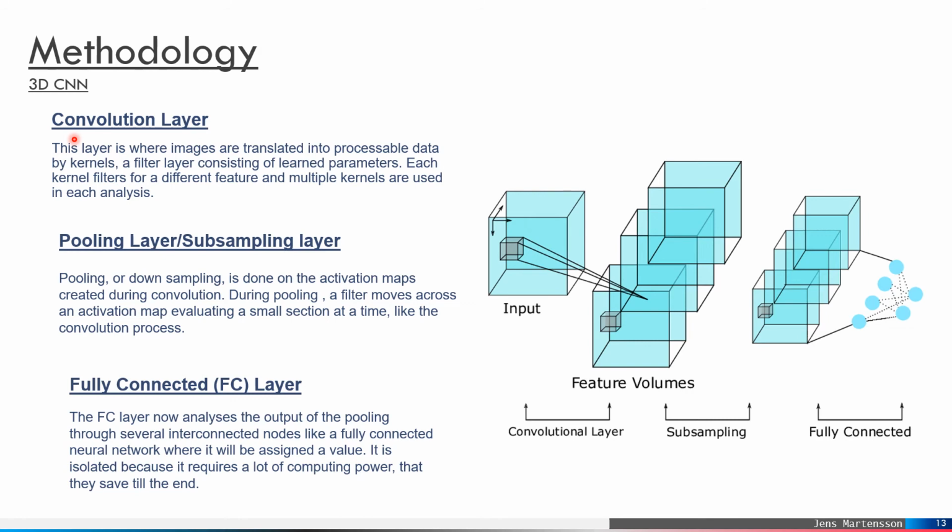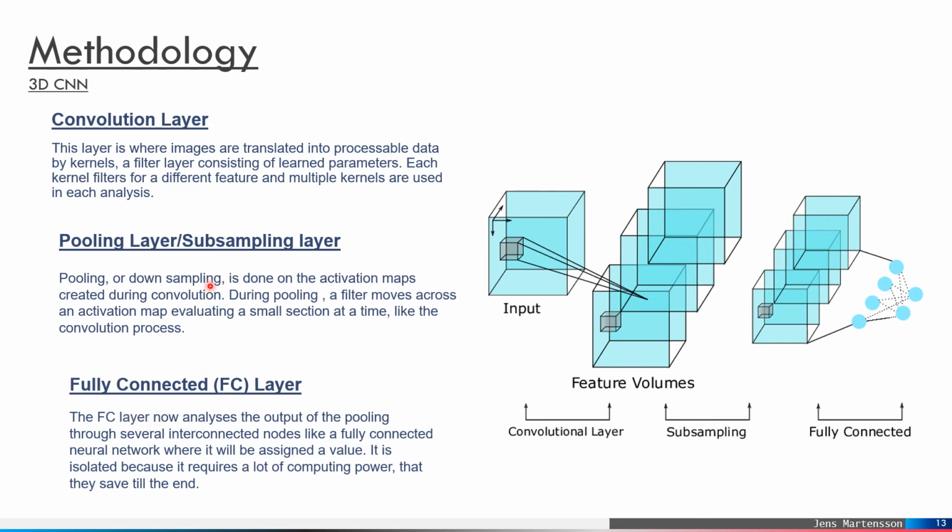So multiple kernels are used in each analysis. Next we have the pooling layers or the subsampling layers, where downsampling is done on the activation maps created during convolution. So basically it further extracts the features that are similar within the previous convolution layer. And then lastly we have the fully connected FC layer, which is separate from those two.